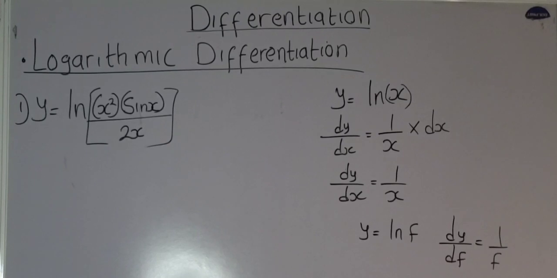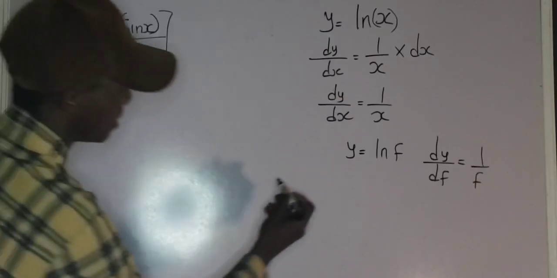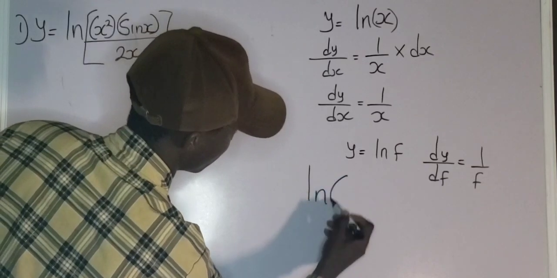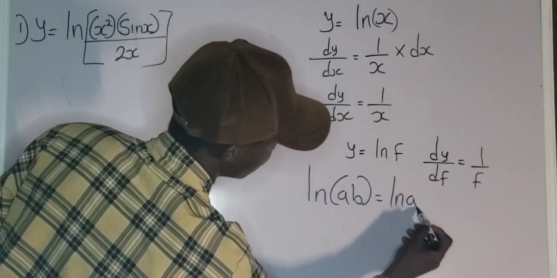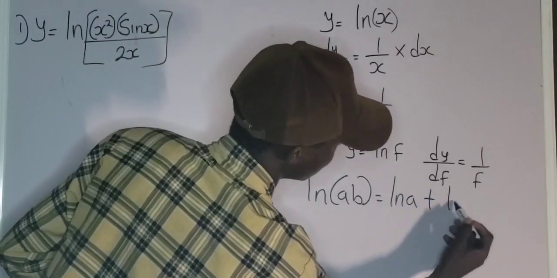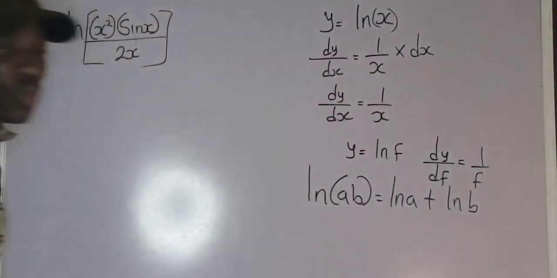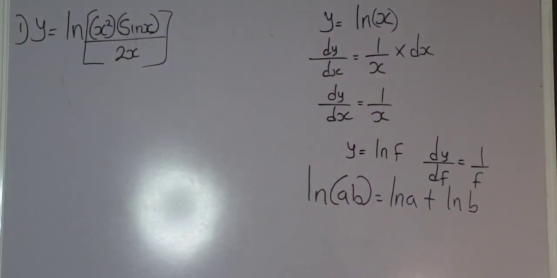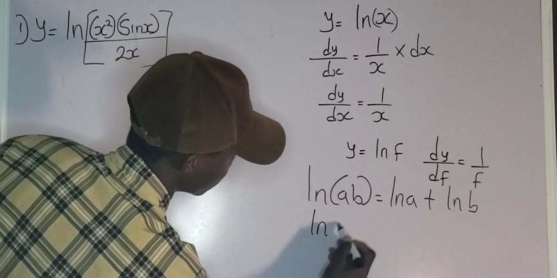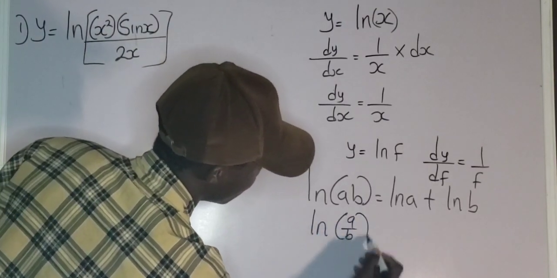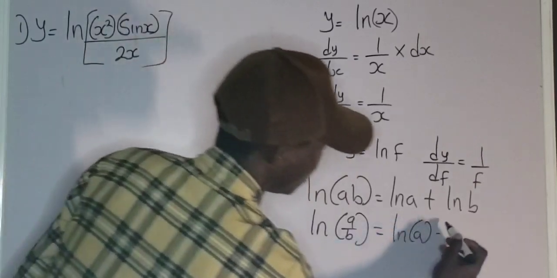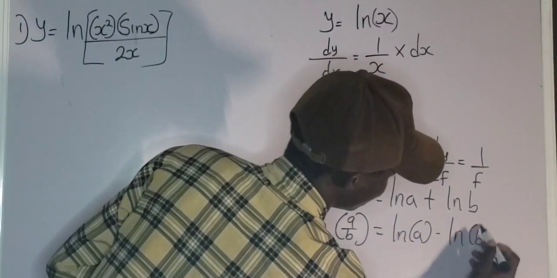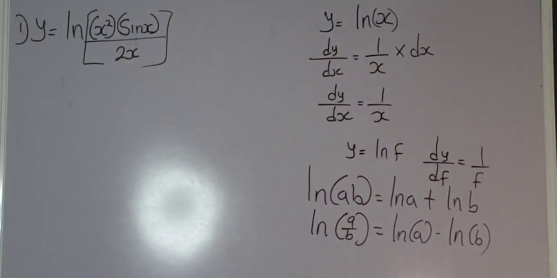Now, don't forget, from your basic mathematics, the natural log of the product of a and b is the natural log of a plus the natural log of b. And the natural log of a over b is equals to the natural log of a minus the natural log of b. Please, I don't want you to forget this, okay?